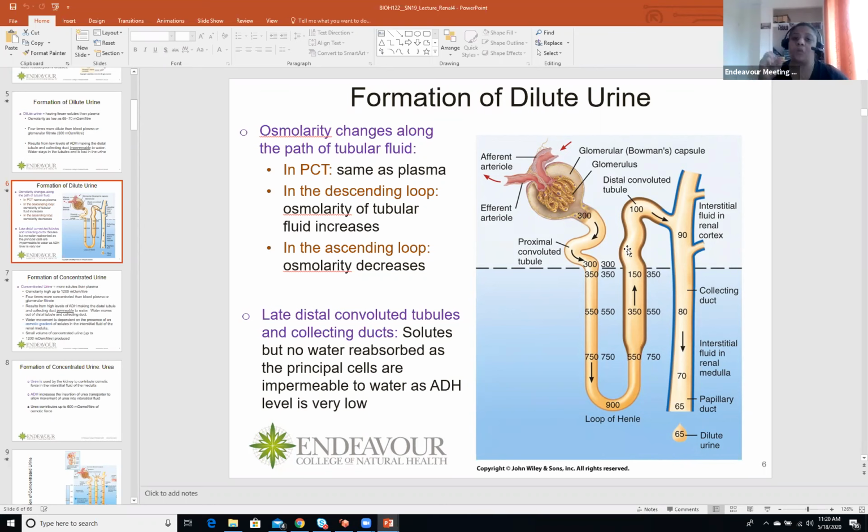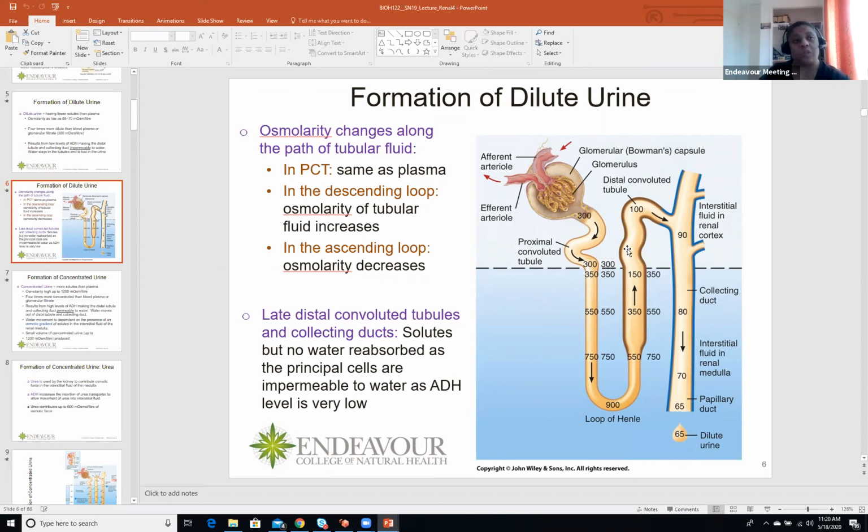The absorption of water is very restricted in this part of the loop. So water remains in the tubule, but sodium, potassium, chloride, bicarbonates are leaving the renal tubules. These are actively pumped out. There is active reabsorption of the solutes.